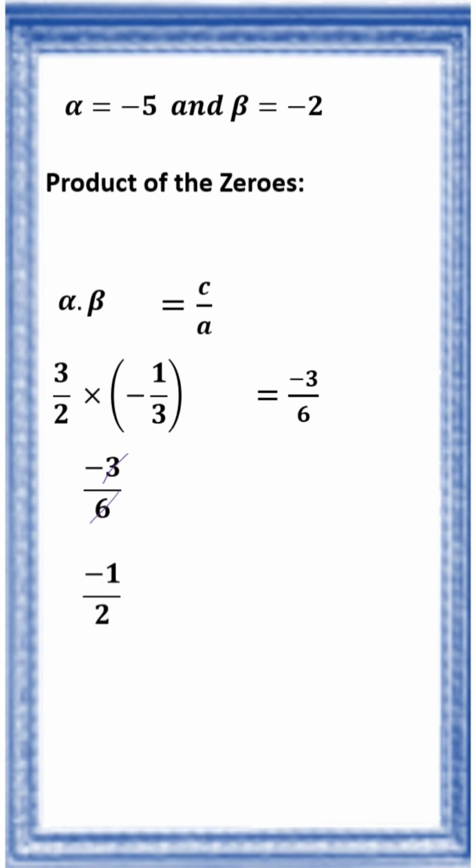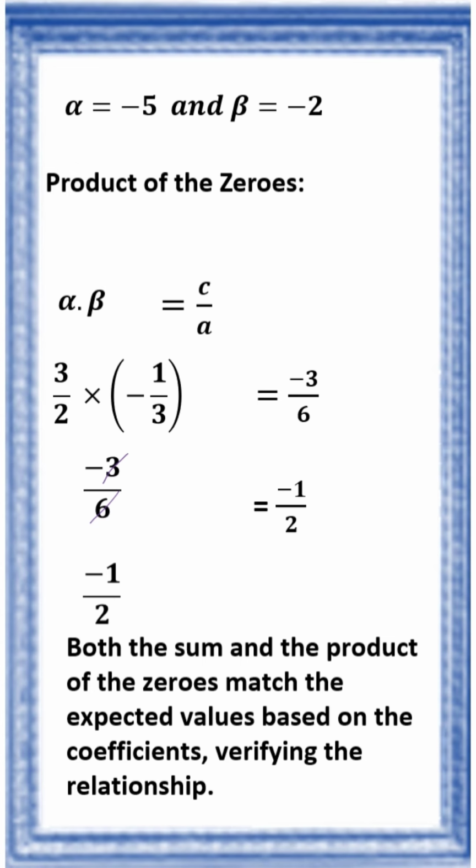Now c by a: c is negative of 3, a is 6, which is equal to negative of 1 by 2. Both the sum and product of the zeros match the expected values based on the coefficients, verifying the relationship.